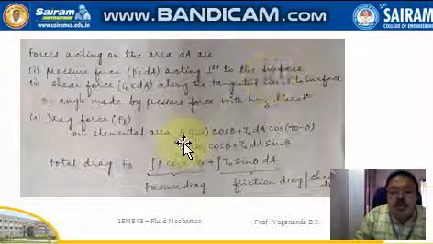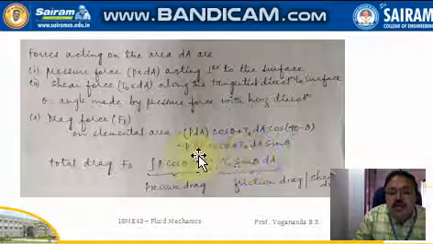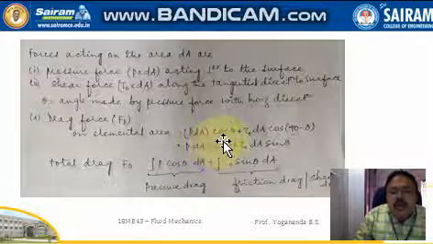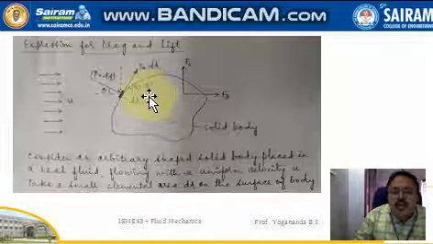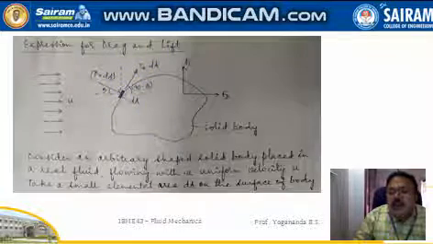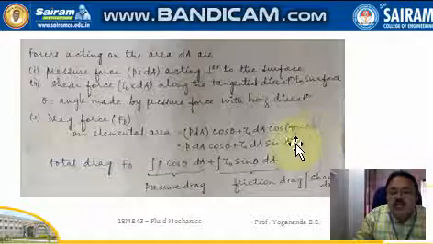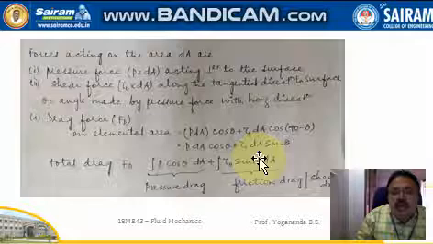So both carry a plus sign. Writing them, P dA into cos theta for the horizontal component of the pressure force, and the horizontal component of the shear force is tau dA cos of 90 minus theta, which is written as sin theta.